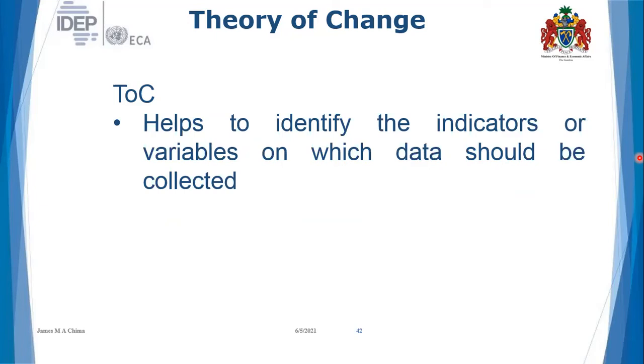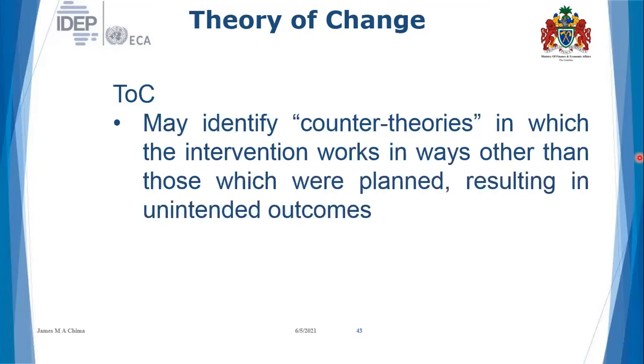And then we see the theory of change being instrumental in helping to identify the indicators or variables on which data should be collected. In some cases, it may identify counter theories in which the intervention works in ways other than those which were planned, resulting in unintended outcomes.